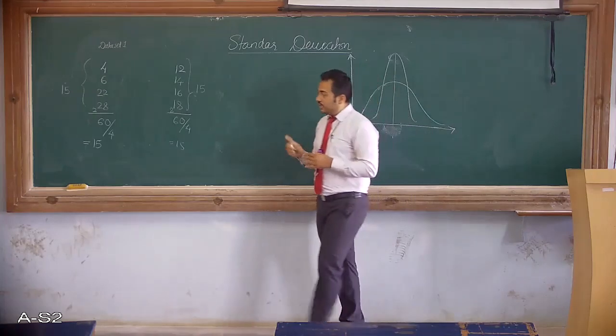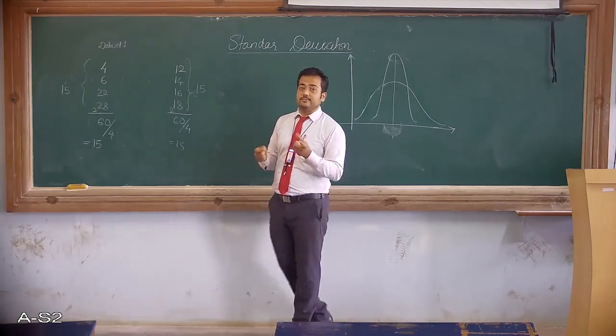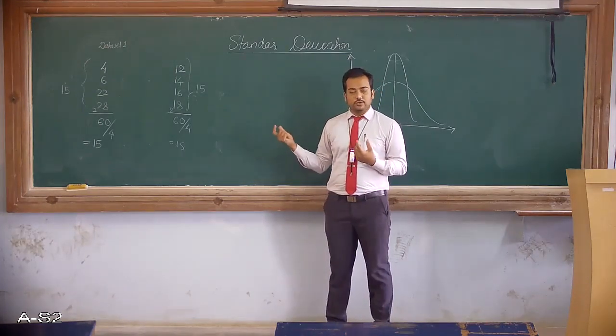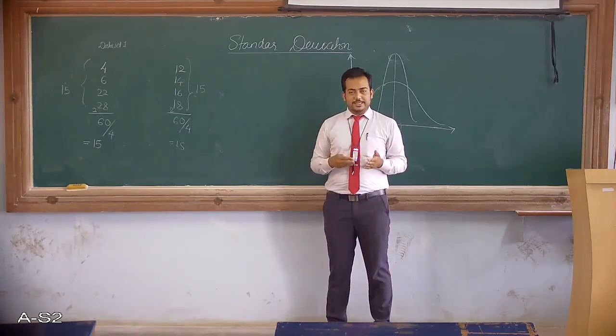Now if we calculate the standard deviation for these data sets, we can expect the standard deviation to be different for the two, and that would be the correct measure to compare such data sets.